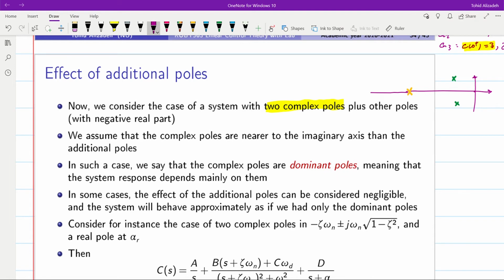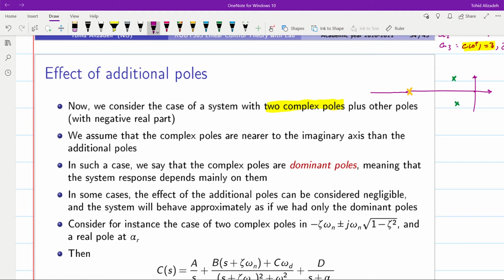But as the single pole moves closer to the origin, its effect on the step response of the system will become more and more. So it will change the response of the system more strongly when it moves towards the origin. It goes closer to the two complex poles that we have.